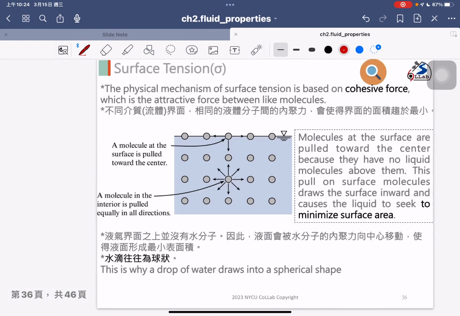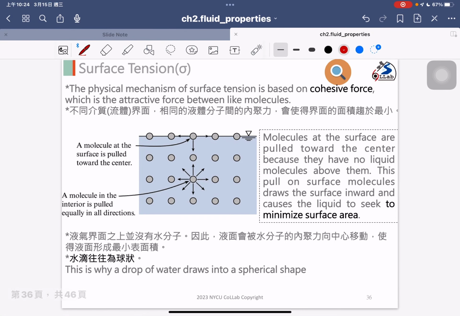So we're going to move to the next topic after we finish the shear force, and you understand how we can apply the viscosity equation to our problem. And the next topic is the surface tension. So you can see I wrote down some words and try to give the interpretation about the surface tension.